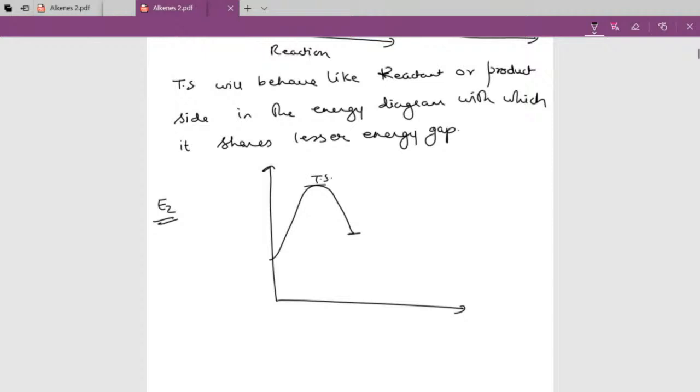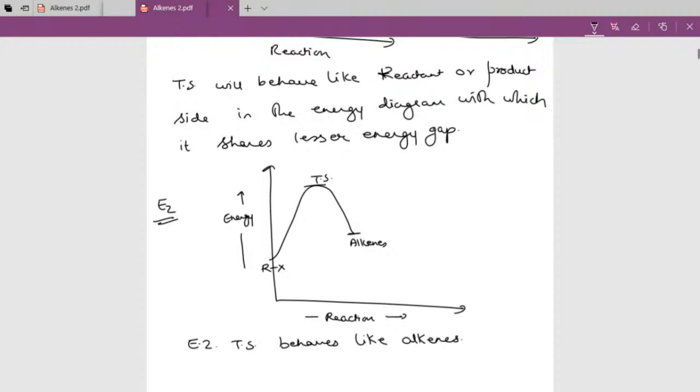So here is my transition state. Here is my alkene. Here is my alkyl halide, as I have exemplified with alkyl halide. Okay, here is the reaction coordinate, and here we are having energy. So you see that the alkyl halide goes to the transition state and then the transition state to the alkene. So the E2 TS behaves like alkenes. What do we do if it behaves like an alkene?